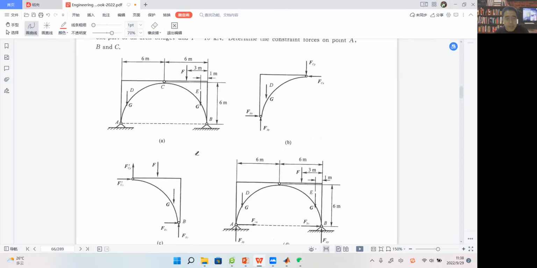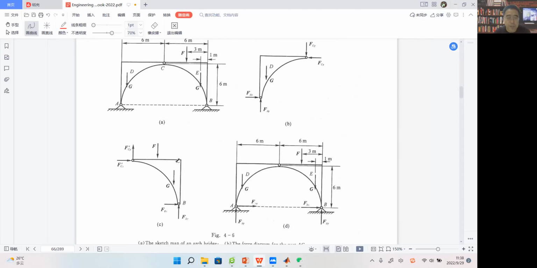So once again, if we try to give the force analysis of this part BC, we think about freeing this one from the whole system. You guys should always remember that this process is an assumption, not for real, right? It's just an assumption. So we assume that we free this part from here to here.